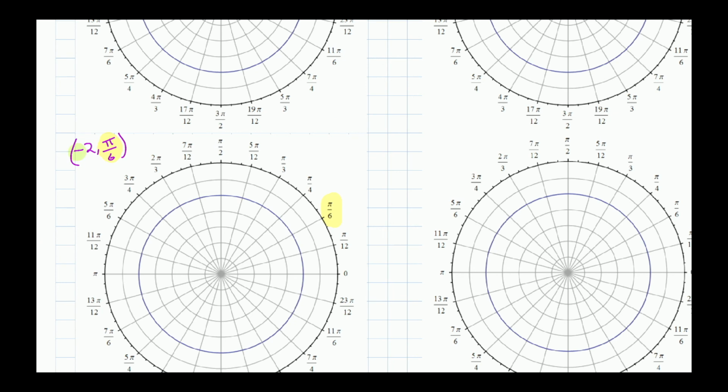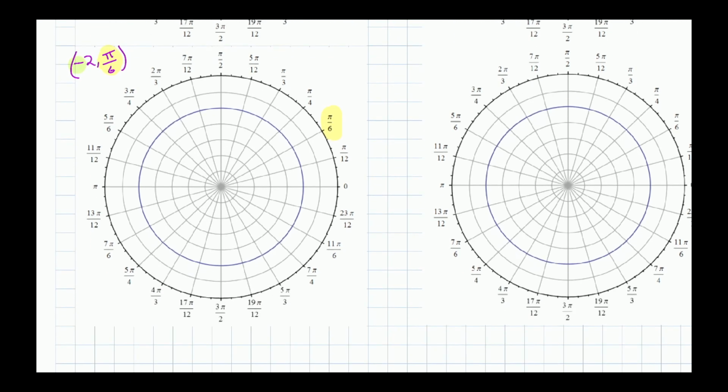So if you wanted to plot 2 comma pi over 6, we know what to do there. From the origin here, you would go 1, 2. So this would be 2 comma pi over 6, right? Where I've got the dot right now. That is not the point that we want. We want negative 2 comma pi over 6.